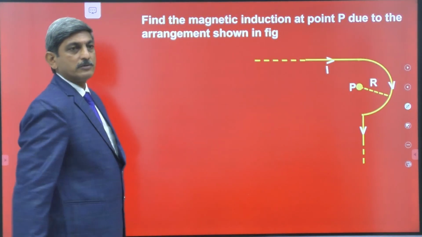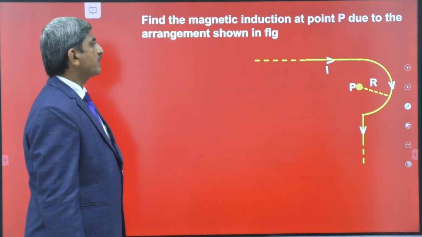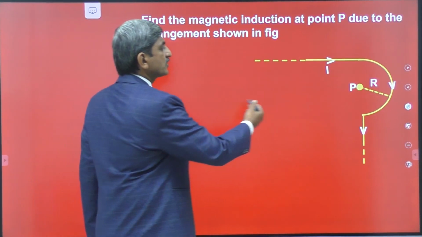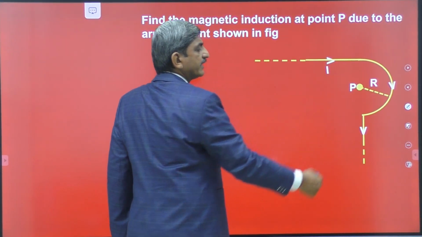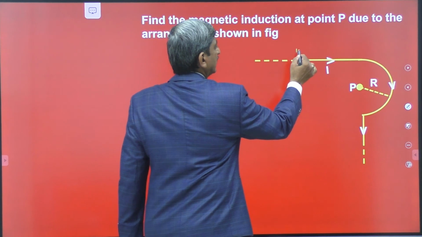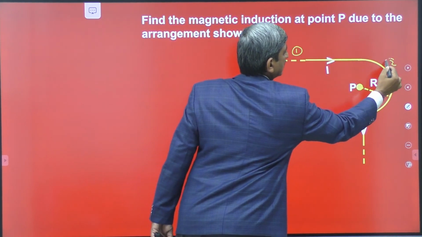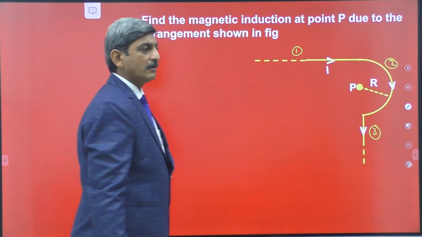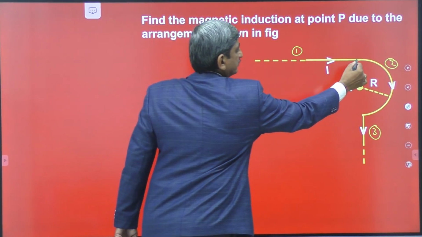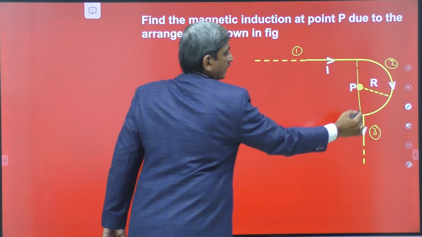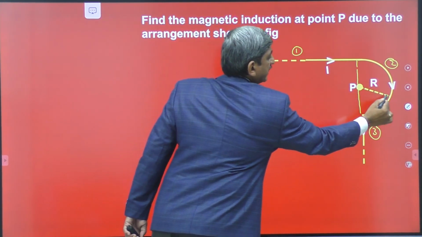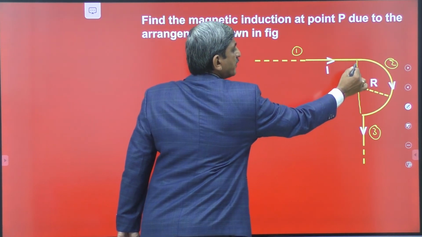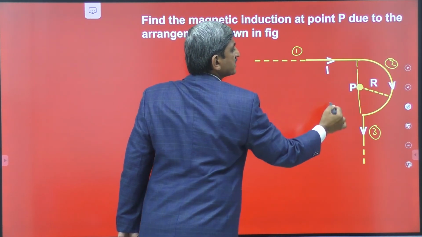Now see one more problem. Find the magnetic induction at point P due to the arrangement shown in the figure. Here also the given arrangement can be divided into three portions. Let it be first portion, let it be second portion, and let it be third portion. Now, if R is the radius of the semicircular coil, then what is the distance of the point P from the given straight wire?